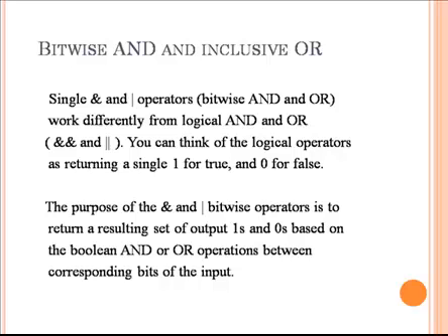Consider this example, 7 & 8. The binary representation for 7 is 4 zeros, 0111, and the binary representation for 8 is 4 zeros, 1000. Here we are performing the bitwise AND operation.